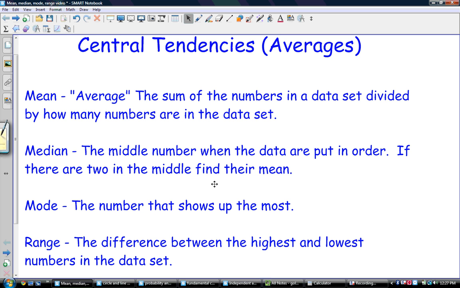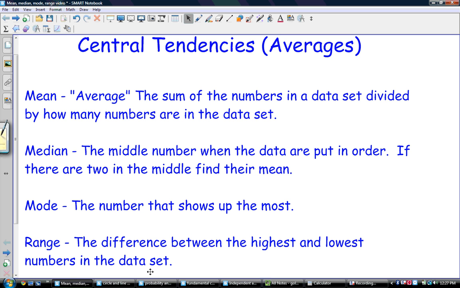And then when we're doing mean, median, and mode, we always put range in there. Range is just the difference, which means you're subtracting between the highest and the lowest numbers in the data set. The reason we include this when we're talking about mean, median, mode is because it affects especially the mean.